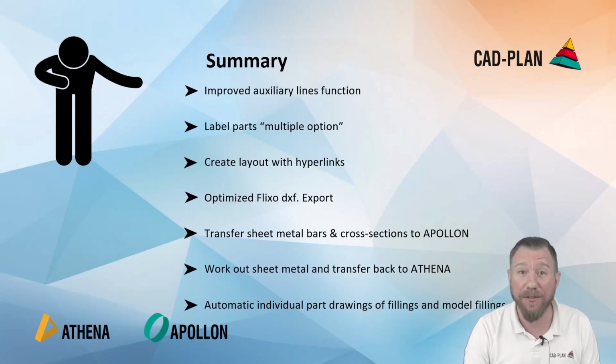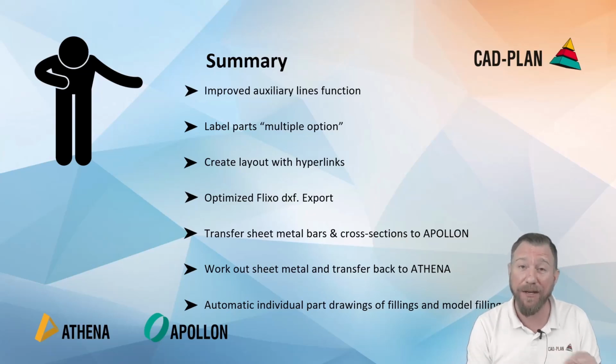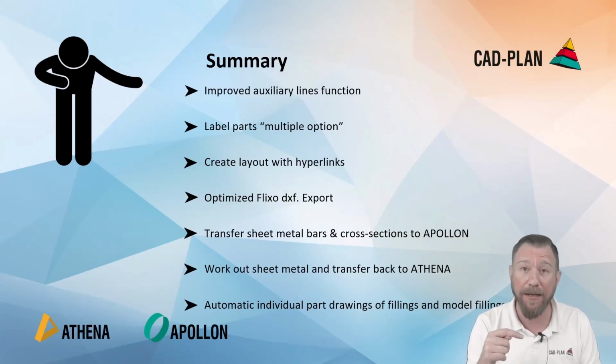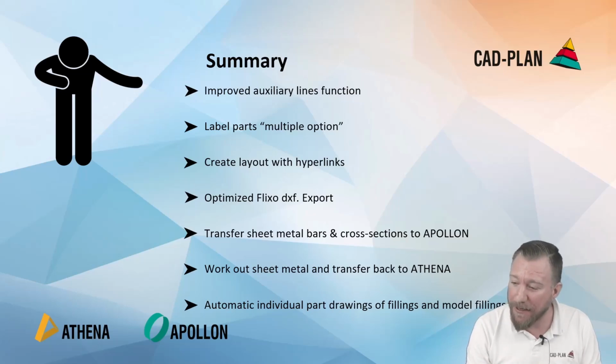Improved auxiliary lines function, label parts with multiple options, create layouts with a hyperlink to jump directly with the click of a button in the layout, the optimized Flixo DXF export, transfer sheet metal bars and cross sections, the joint connector to APOLLON, work out the sheet metal and transfer it back directly into ATHENA, and the last feature, automatic individual part drawings of fillings and also, of course, model fillings.